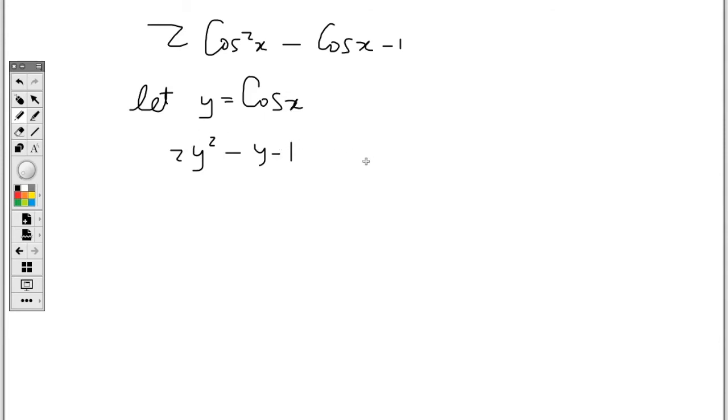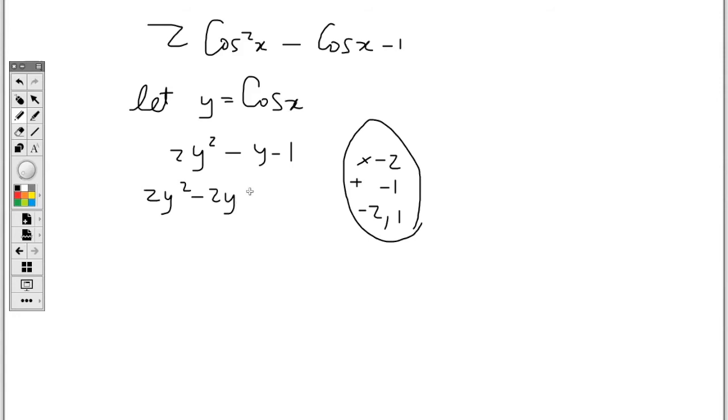Now factorizing this quadratic AC method, so we multiply 2 times negative 1, that's negative 2. So we need two numbers that multiply to give me negative 2 and add to give me the center negative 1. Those numbers are minus 2 and 1. So I replace the center with those two numbers. So I will have minus 2y plus y, which is the same as 1y, minus 1.